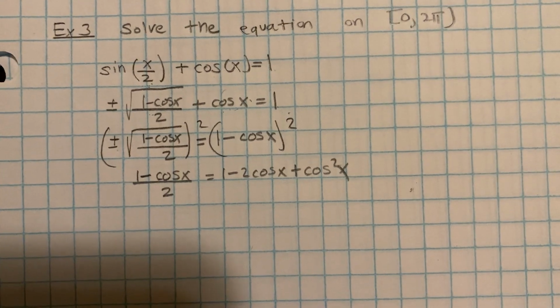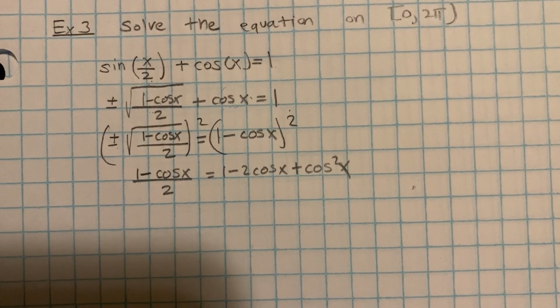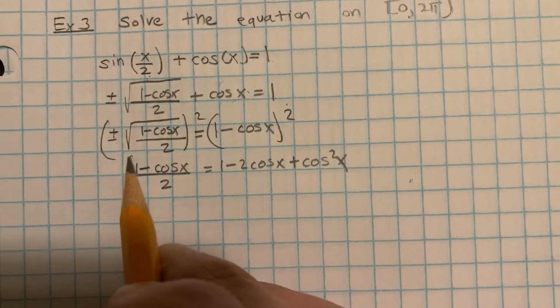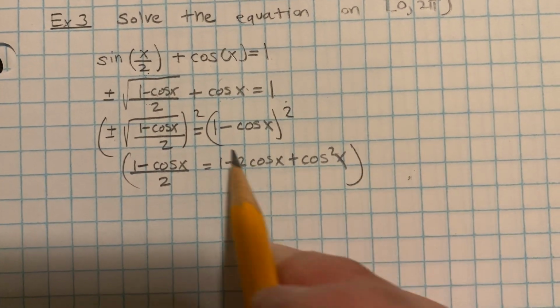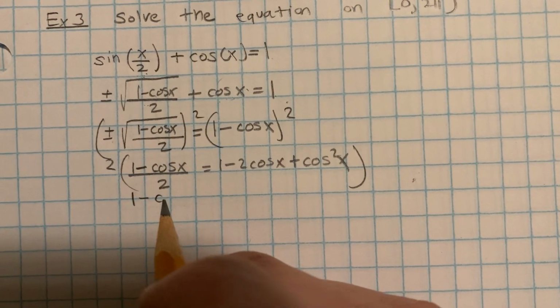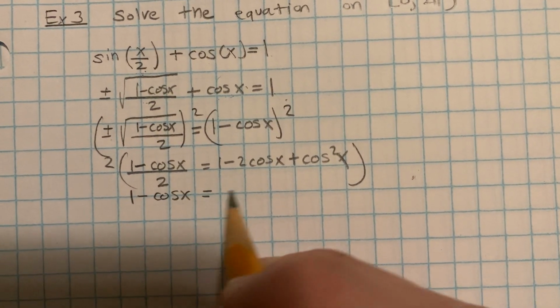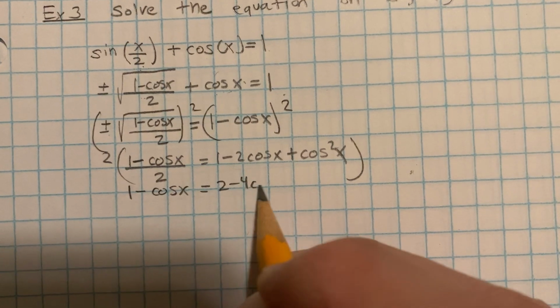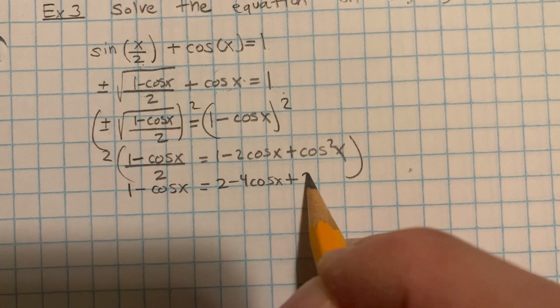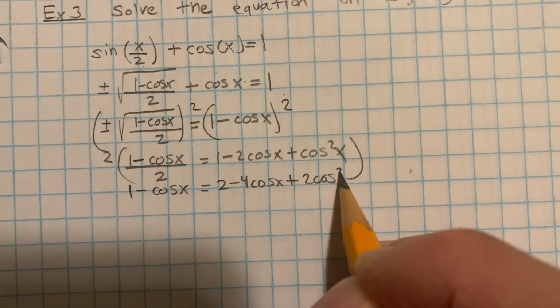Okay, so no more radicals, no more plus or minuses. Multiply both sides by 2, and you're going to have everything now in terms of cosine of x.